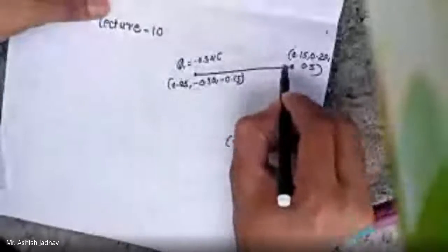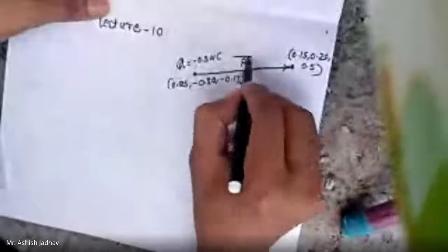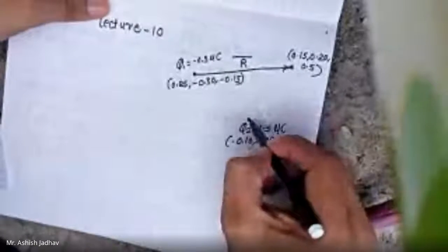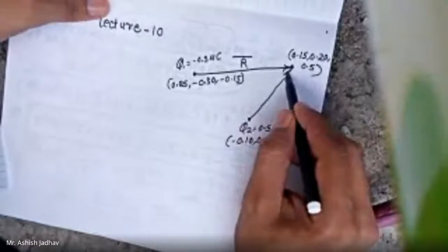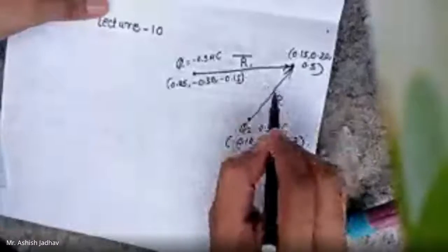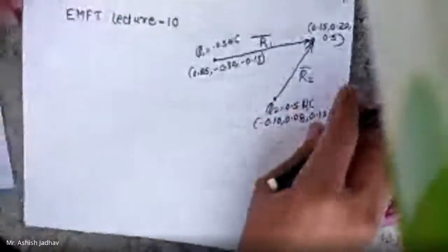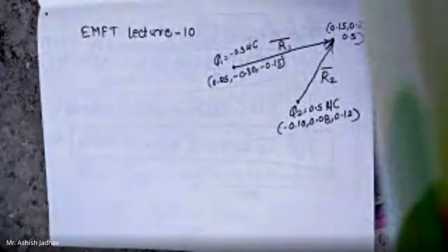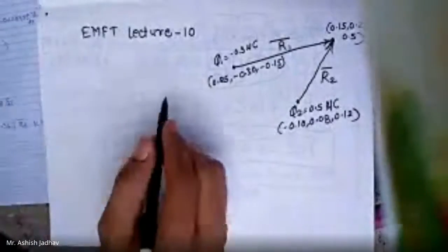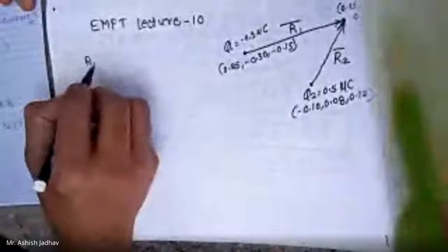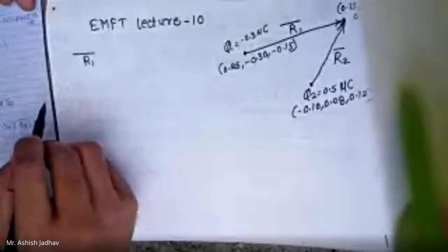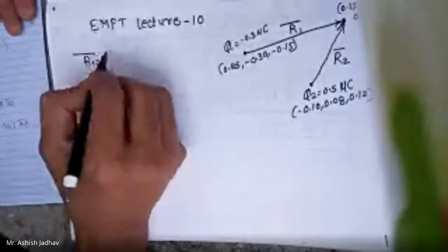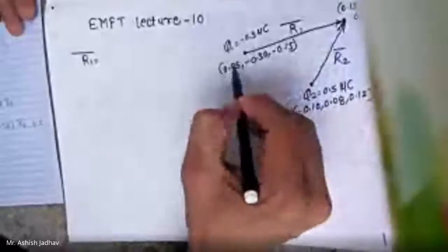First, you should calculate this vector R1, then the second vector R2. Once we get those two vectors, you will be able to find the electric field intensity because of Q1 and Q2. To proceed with R1, is it visible to all? Yes, sir. R1 bar is equal to end coordinate minus starting coordinate.